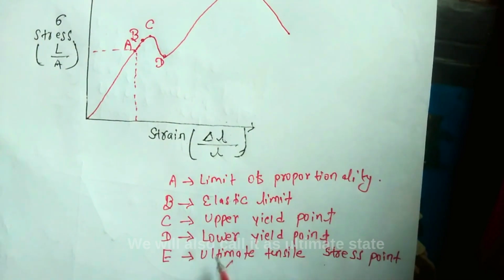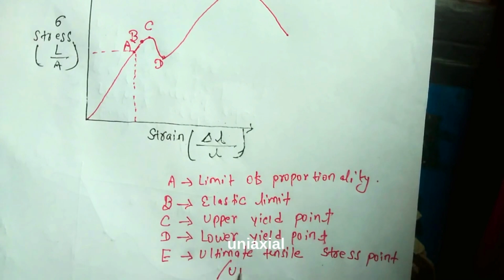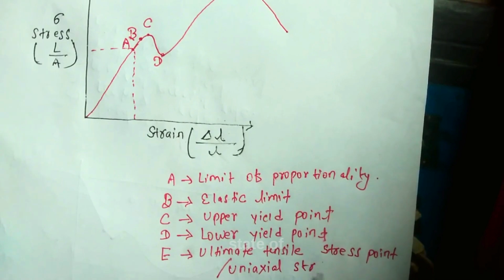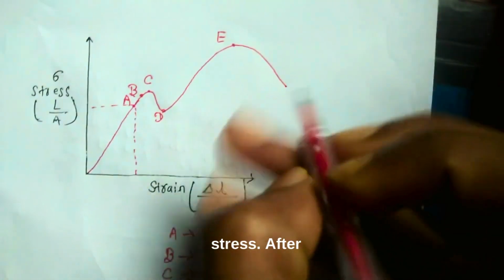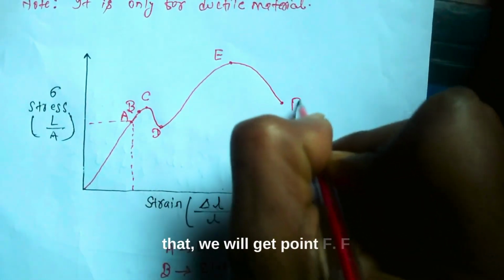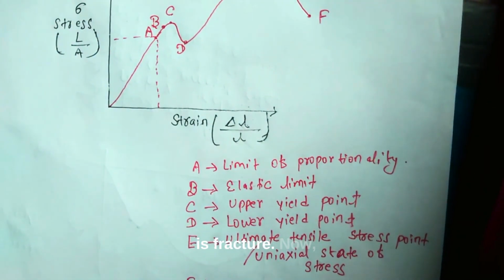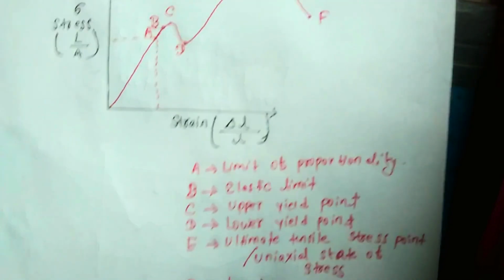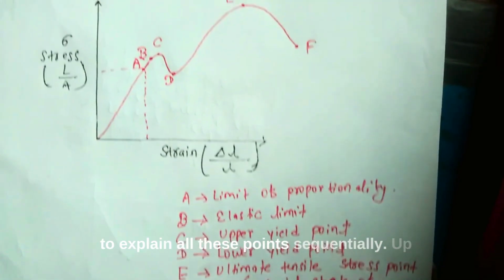We also call it the ultimate state of stress or uniaxial state of stress. After that we get point F, which is fracture. Now I am going to explain all these points sequentially.